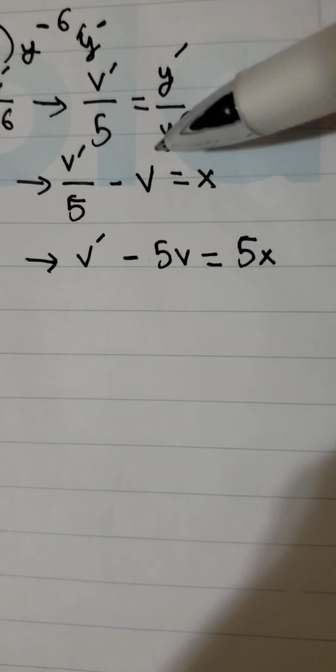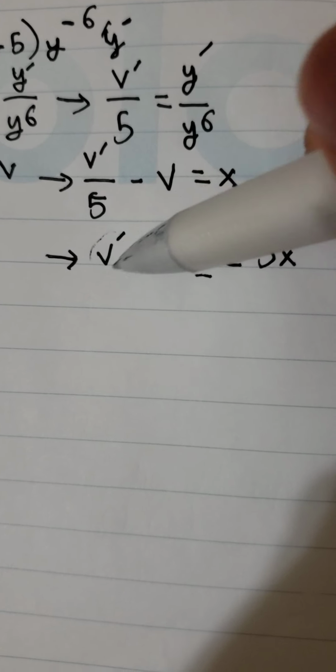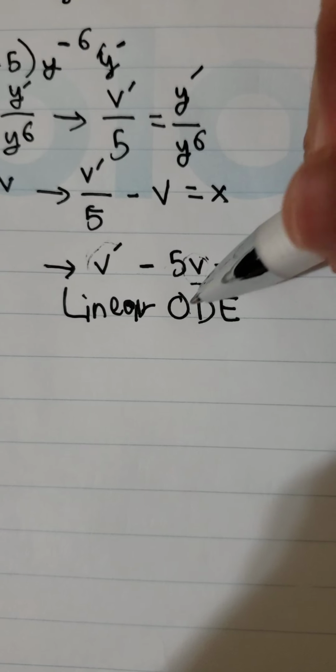If we look carefully, we have our original v and the first derivative of v in here. This is a linear ODE, that is an ordinary differential equation. So we need to find the integrating factor.